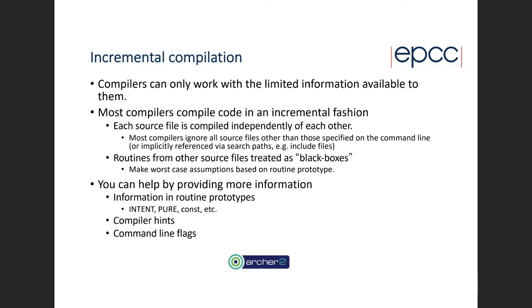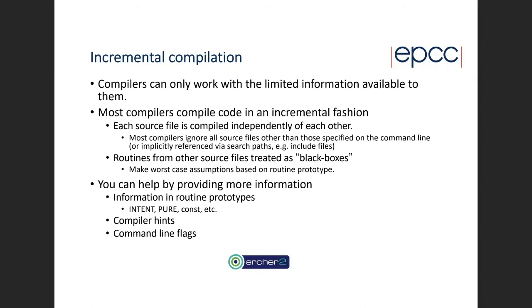And they make worst case assumptions about what's going on in routines which are in other source files. So the compiler can see the routine prototype. It makes the worst case assumptions about what those routines might be doing to their arguments or to global variables or whatever. So you can help by providing more information.